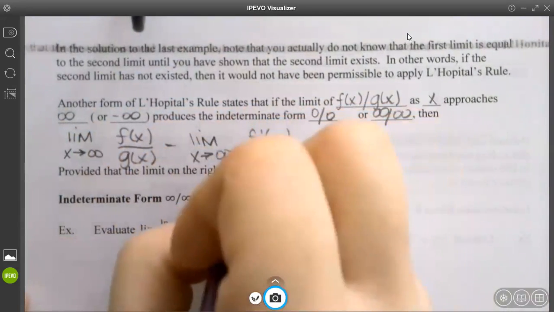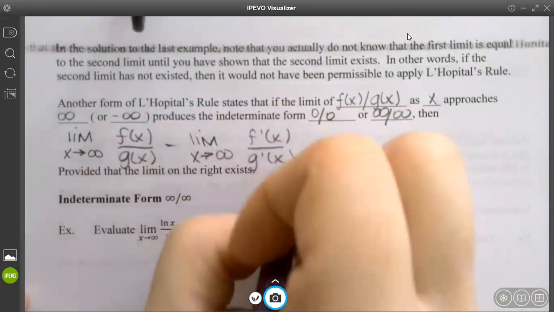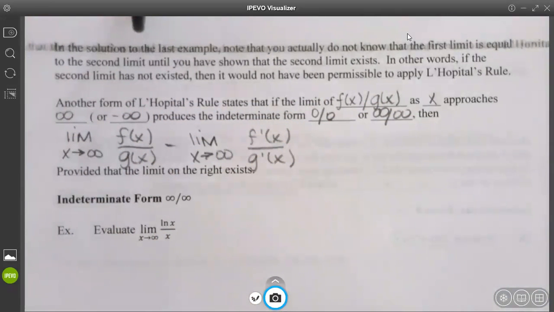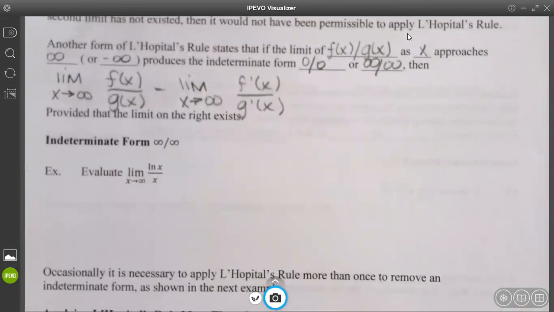Take the derivative, provided that the limit on the right exists.